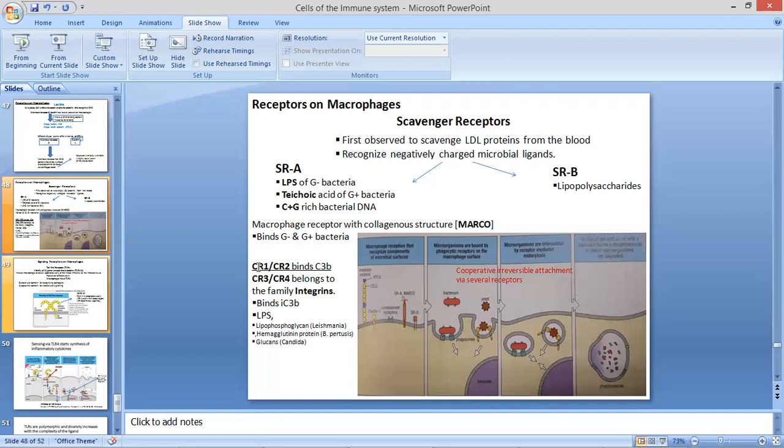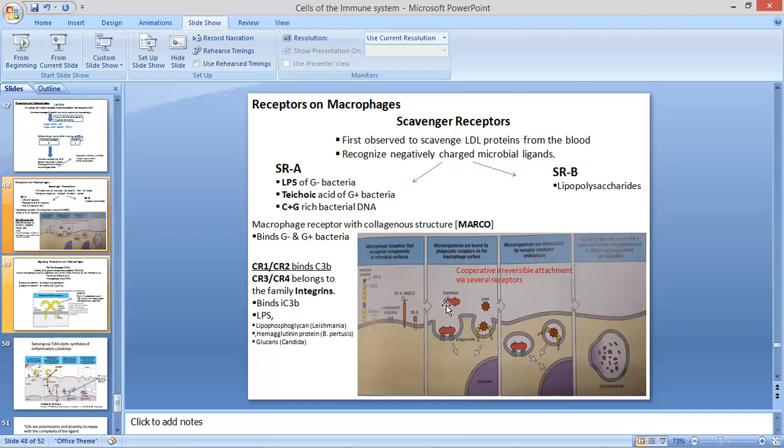Similarly, you know already from our complement lecture, I had told you that CR1 and CR2 bind C3b. And where is C3b? For instance, this is a bacterium. This will be labeled with complement factor 3b. And for C3b, there are receptors on the surface of macrophages and other cells, which bind with C3b.